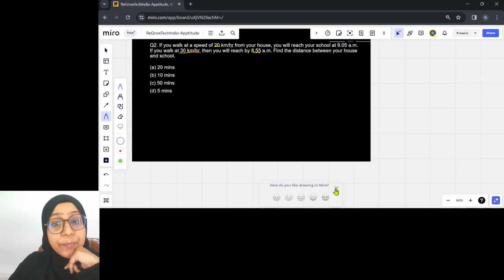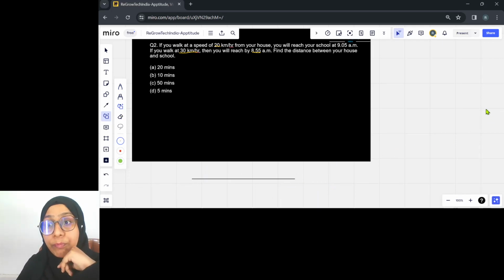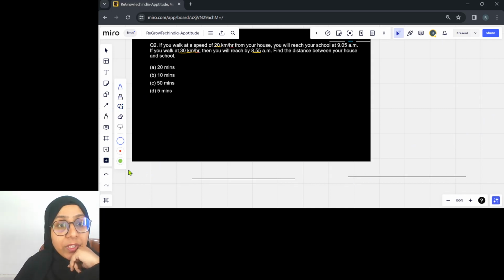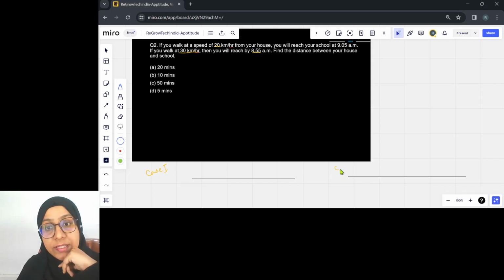For instance, earlier there were two cases, right? Let's write case one and case two. So this is case one, this is case two. In both cases, we are going from home to school. In the first case, we are going at a speed of 20 kilometers an hour.